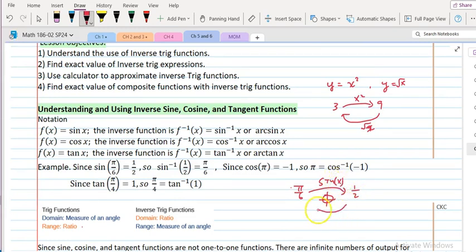So what is the inverse function? The inverse function takes 1/2. If someone gives me 1/2, I will tell people your output is pi over 6. So it's like canceling the sine operation. Pi over 6 becomes 1/2 for sine, but sine inverse will change the 1/2 back into pi over 6.